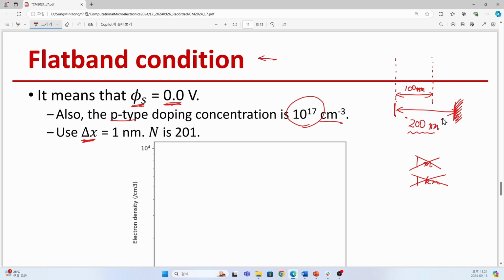For example, in this case, I can perform a depletion approximation to estimate the depletion width, and the depletion width is around 100 nanometer. So I can say that if I set the simulation domain as 200 nanometer thick, then every physical phenomenon can be confined within this depletion region.